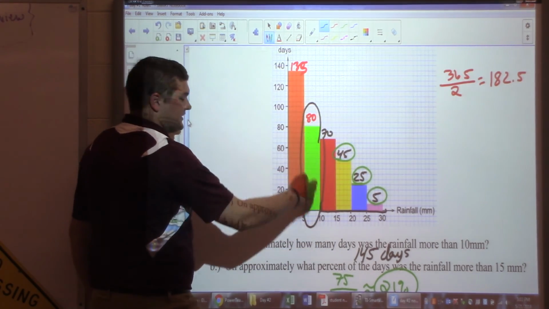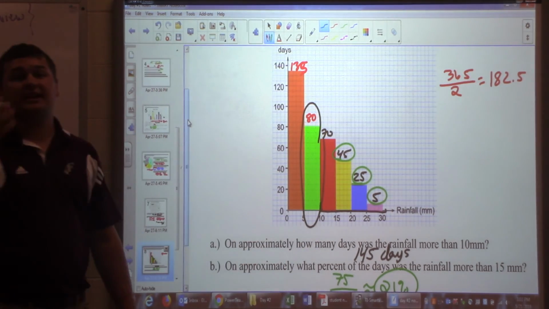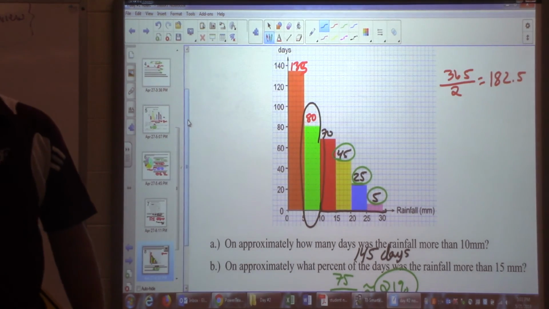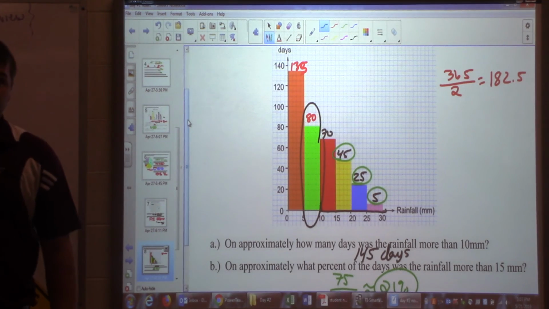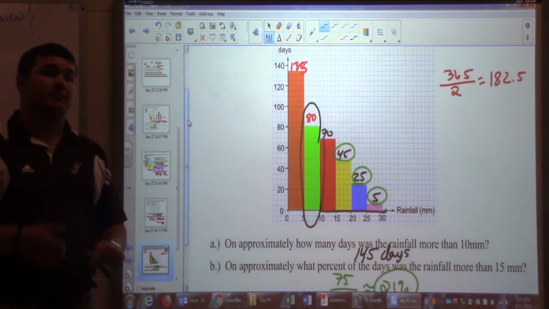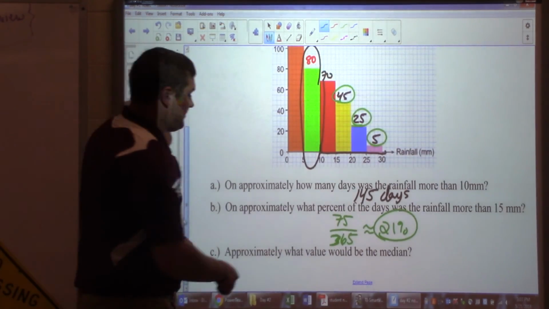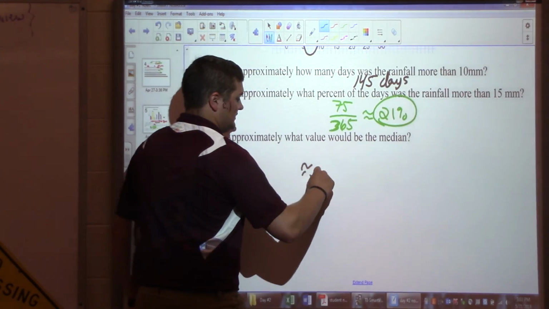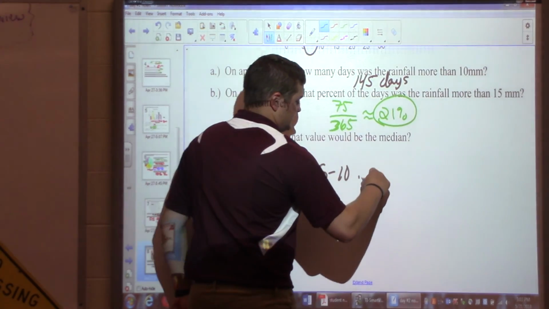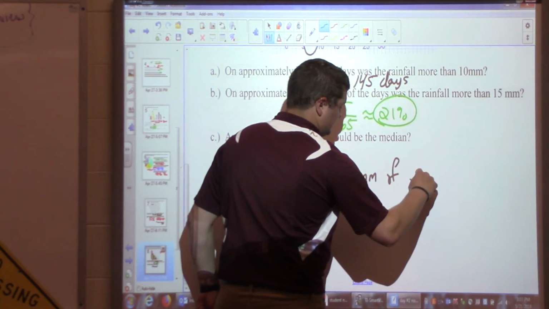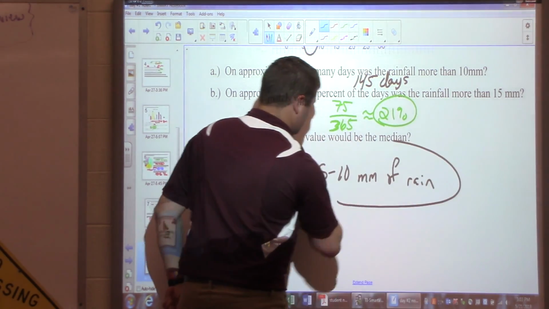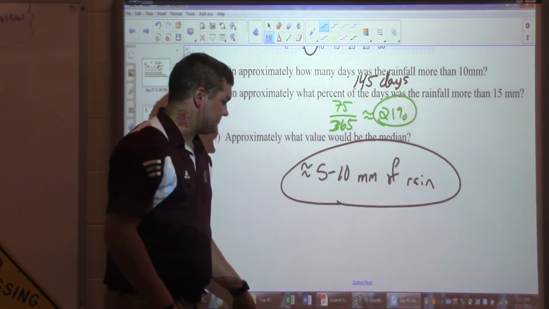So anywhere inside this green bar's got to be the 182nd data point, the 182nd day. Does that make sense? We're looking for that middle data point. So our answer then would be approximately 5 to 10 millimeters of rain. That is an approximate.